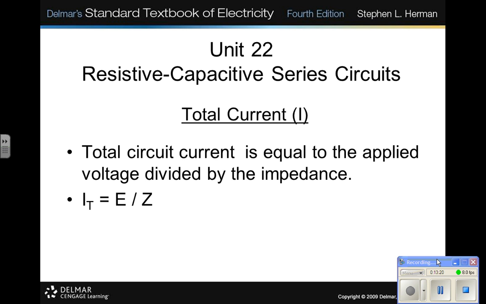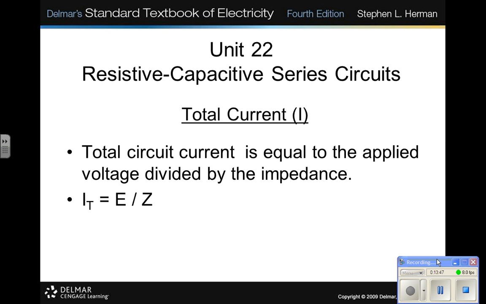Okay. Total current. Yes, we know the total current is the voltage divided by the impedance. We would normally not write that. We would normally write P-I-E-Z, right? And that way we know that if we're going down, we're going to divide. If we're going up, we multiply. And if we have voltage times the total current, what do we find?